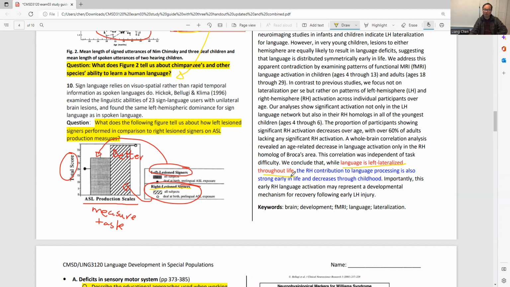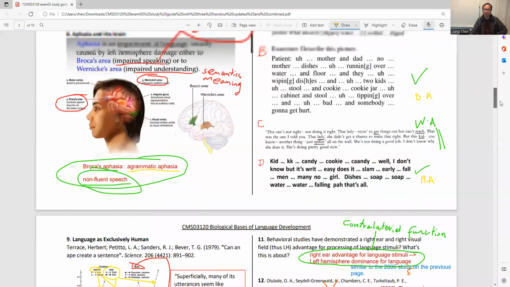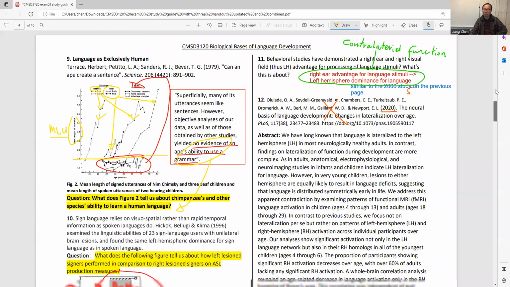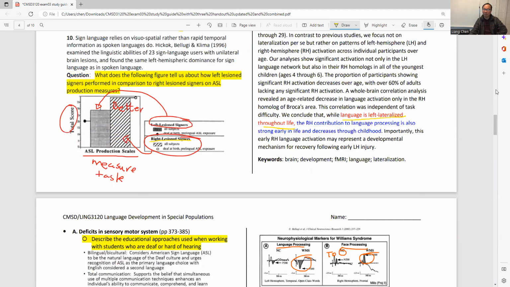But they also see that right hemisphere contribution to language processing is strong early in life and decreases throughout childhood. This is interesting, not exactly the same as the finding we've seen here, where the emphasis is that left hemisphere involvement seems to be decreasing. But here they found the right hemisphere contribution decreases through childhood.